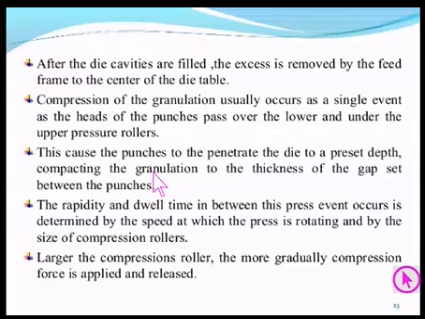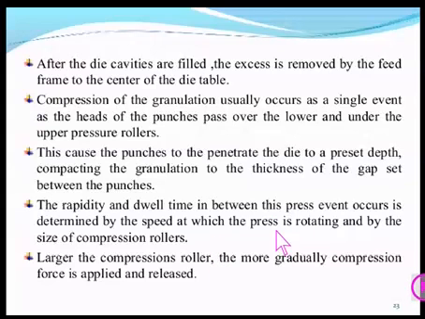This causes the punch to penetrate the die to a preset depth, compacting the granulation to the thickness of the gap set between the punches. And the rapidity and dwell time of this press event is determined by the speed at which the press is rotating and by the size of the compression rollers.